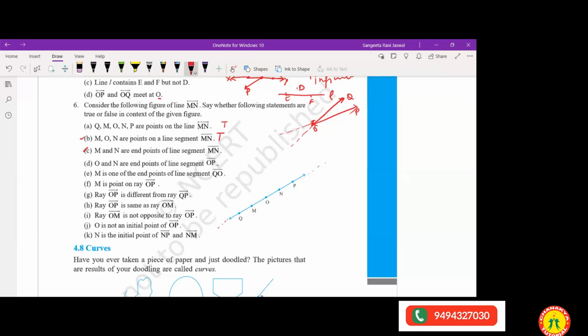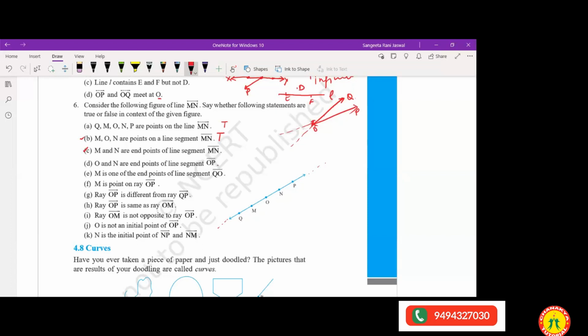Ma'am, it's false. Why? Give your reason. It is shown in the figure that it is a line, not a line segment.